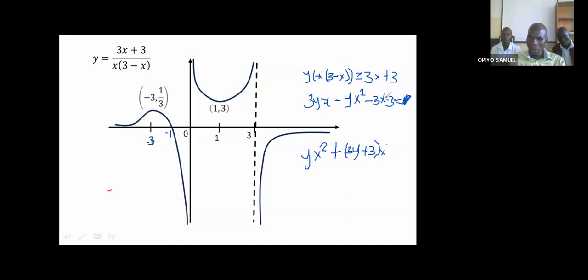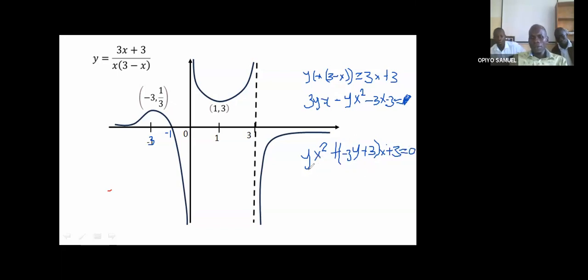This was also negative. Okay, I mean this will be negative. Sorry, one is going to be negative. The first one here is negative 3y x, then this is plus 3 equals 0.